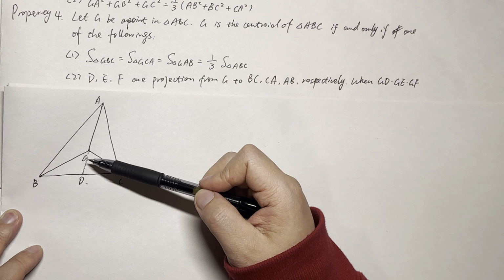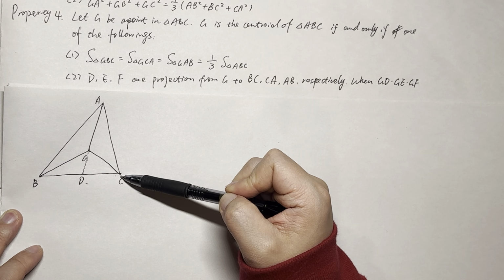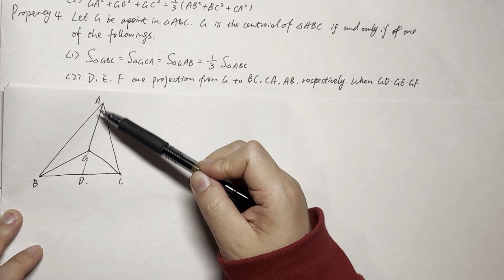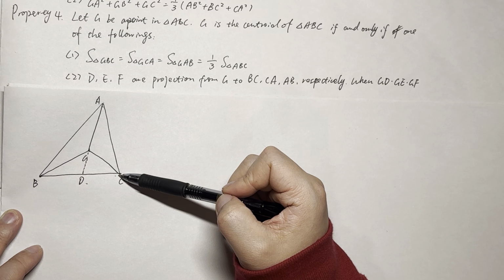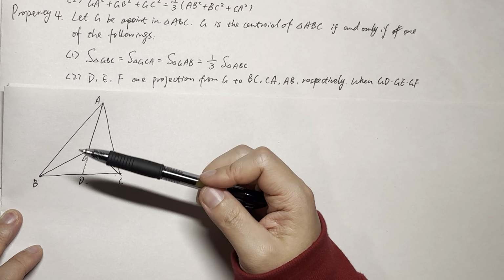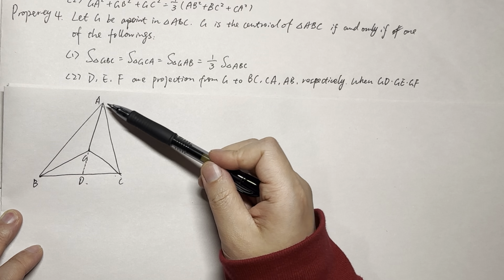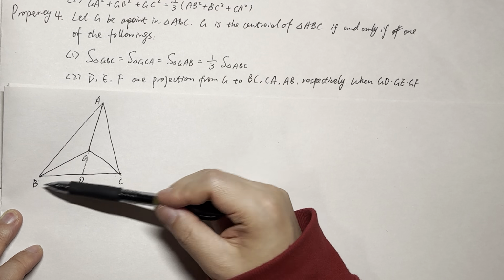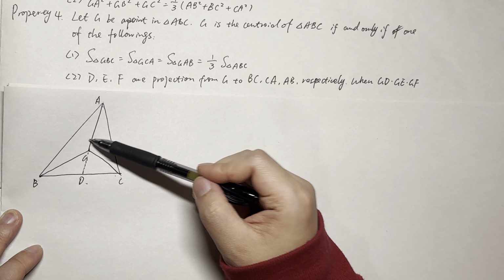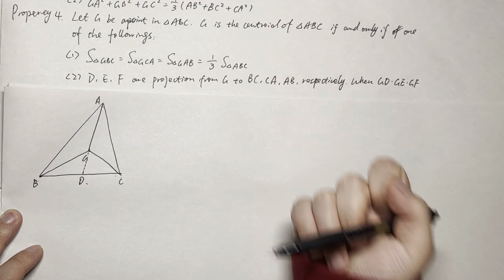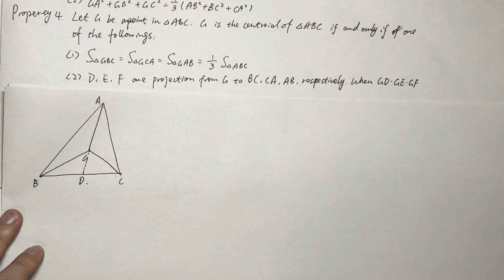And the area of triangle GDC is half of the area of triangle GAC, right? Which means the area of triangle BGC is 1/3 of the area of triangle ABC. Similarly for the other two sides. So if G is a centroid, it's easy to prove.